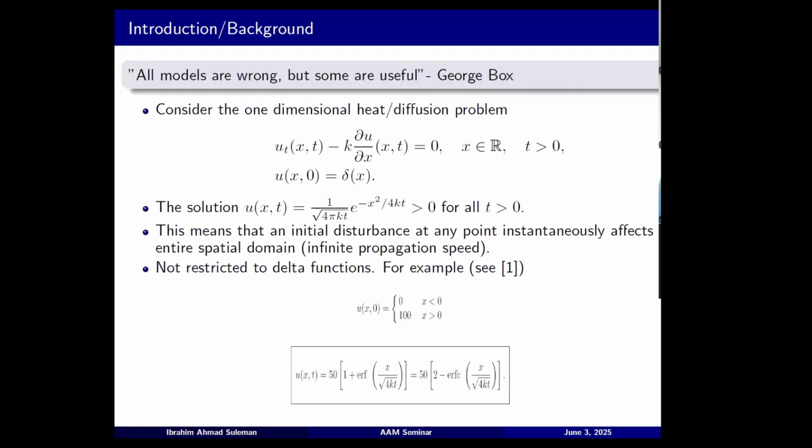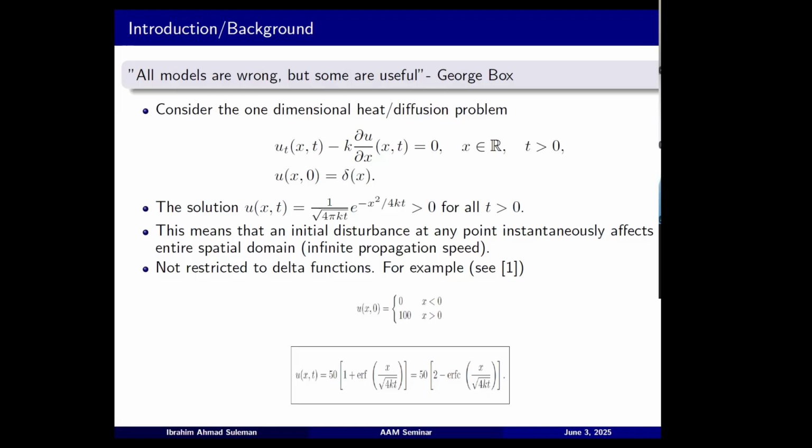So in the introduction, I'll start with the simple heat diffusion equation in one dimension, R, with initial data as the delta function. And we know that following Fourier transform methods, the solution has this form, which is strictly greater than 0 for all t greater than 0.